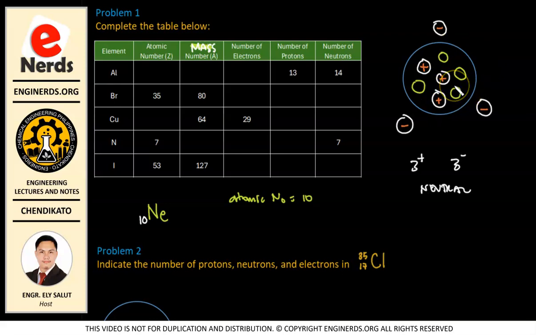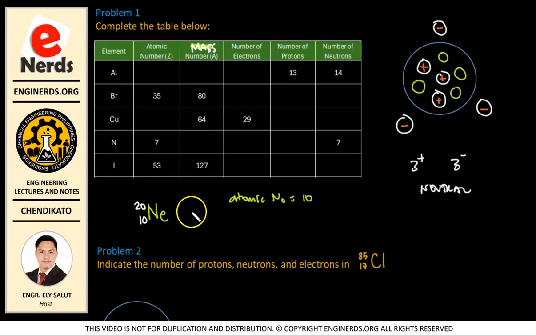That's why in our neon, we should have a mass number of 20, which will be written on the top left of the symbol of the element. Now, if you don't see anything on the top right of our symbol, that means this element, or our atom here, is neutral.